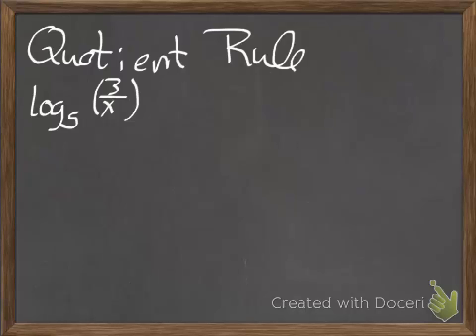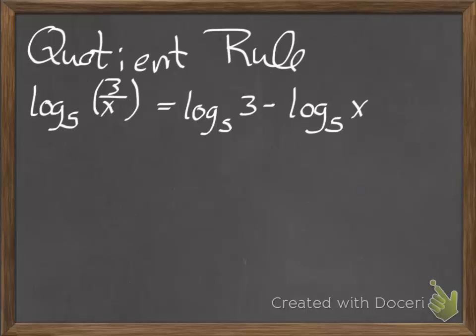Well, I'll subtract. So anything that's in my denominator is going to have a minus sign in front of it. Anything in my numerator is going to be positive. So I can actually put more terms in there, and anything in my denominator is going to have a minus sign in front of it. Anything that's in my numerator is going to be positive.